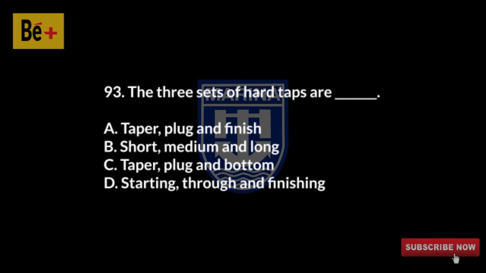The three sets of hand taps are A. Taper, plug, and finish. B. Short, medium and long. C. Taper, plug, and bottom. D. Starting, through and finishing. The answer is C. Taper, plug, and bottom.